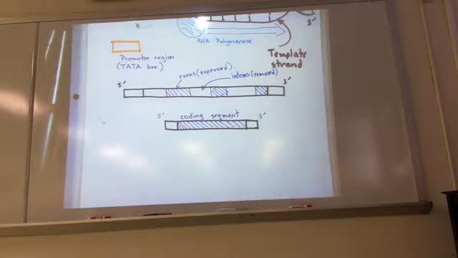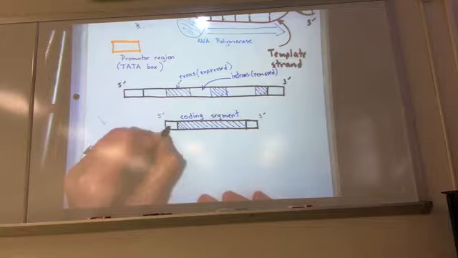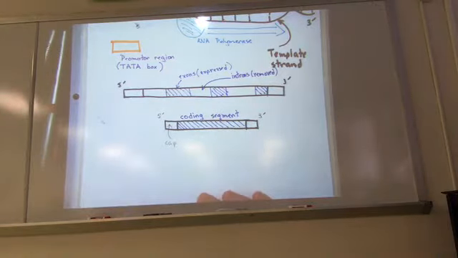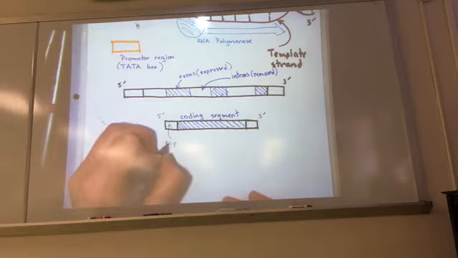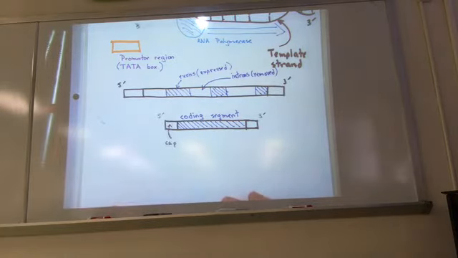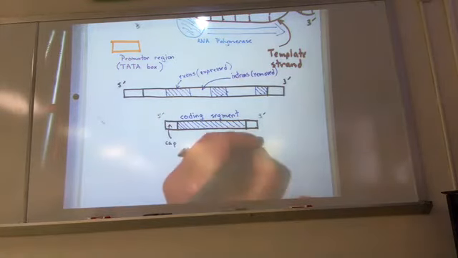So on the 5' end, we remember that this is where a methylated cap has formed. That's not very dark. I'll make it darker. And this is called the poly A tail.